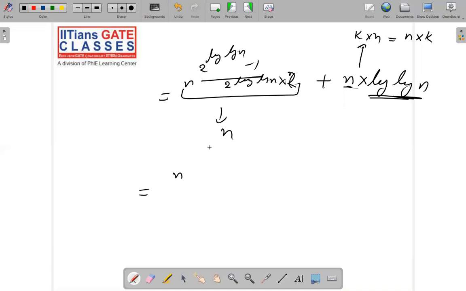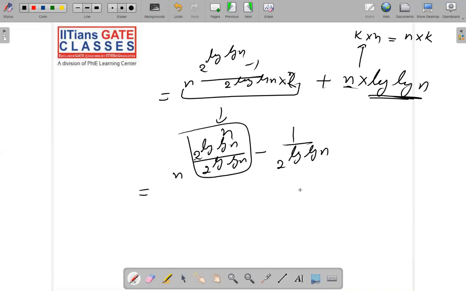2 raised to power log n divided by 2 raised to power log n minus 1 by 2 raised to power log n. Okay, this will become 1. So this term is getting as it is. So yeah, I can write it like p. This is p.